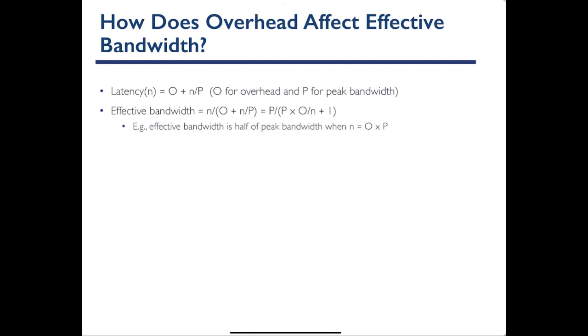The effective bandwidth is, as we saw, the number of bytes that we are transferring, which is n, divided by the latency, which is O plus n/p. So if you just move around everything, you get effective bandwidth is equal to peak bandwidth divided by (peak bandwidth times O divided by n, plus 1).